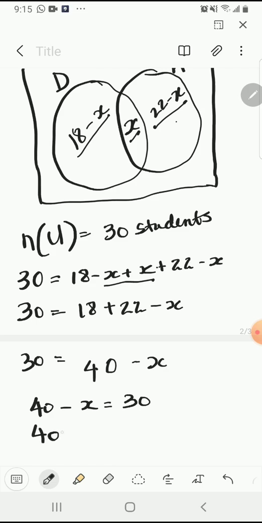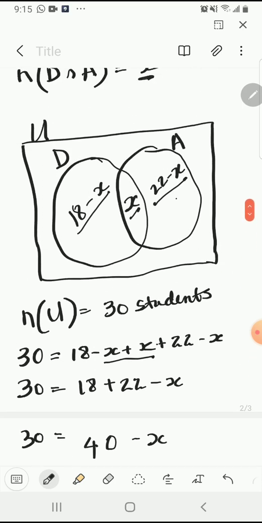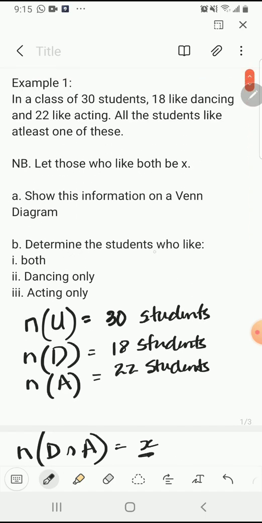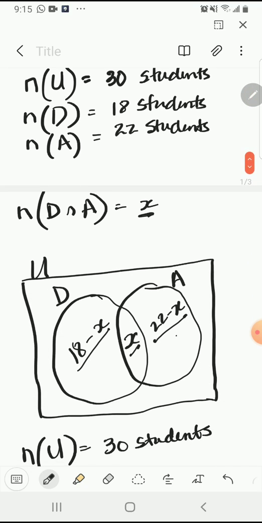So then we will get 40 minus 30 is equal to x. So 40 minus 30 is 10. So therefore, x is equal to 10. So here you have to use your knowledge of solving equations. So that is answering part B1 of the question. Determine the number of students who like both. So 10 students like both.